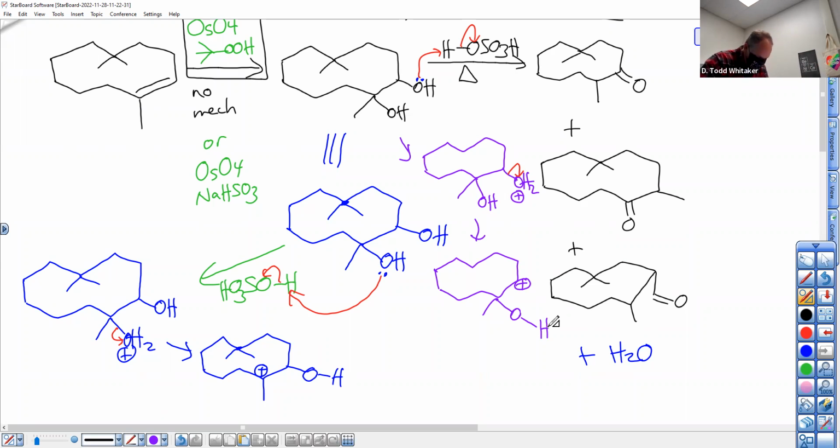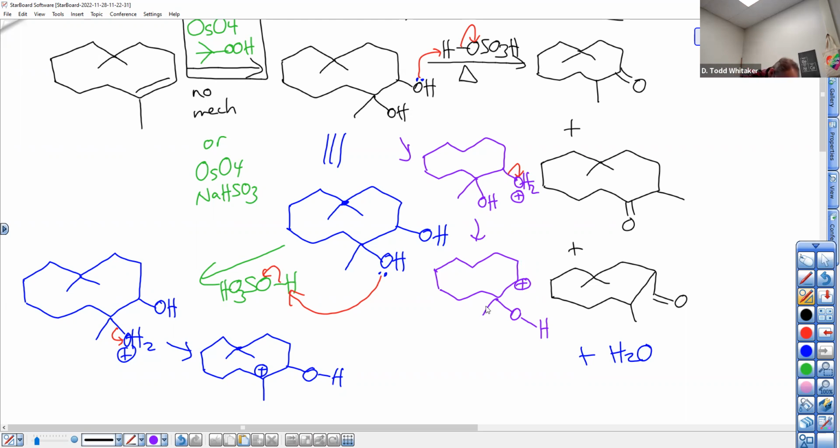And please just look at this cation here and tell me which product comes from this cation. I think it's this one. Why do I think it has to be this one? After rearrangement, I think you wanted to say.